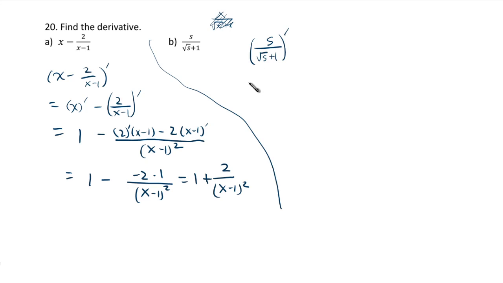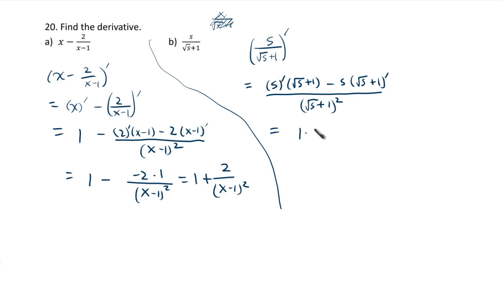All right. So you have to use the quotient rule because it's a quotient. And then this denominator squared. s prime is 1. The derivative of square root of s is 1 over 2 radical s.